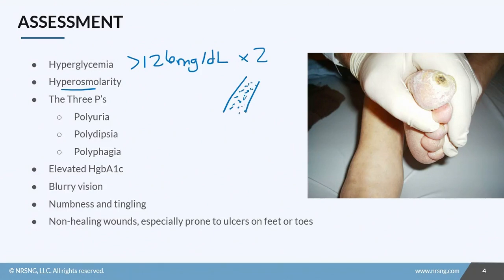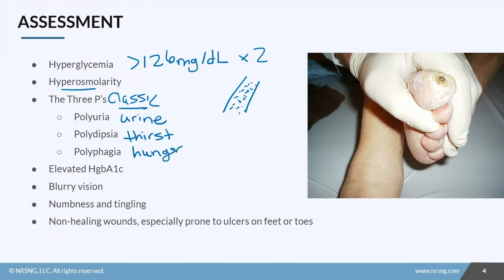Both of those things, the hyperglycemia and the hyperosmolarity, are going to cause what's known as the 3 Ps, which are the classic signs of diabetes. That's polyuria, which is excessive urination, polydipsia, which is excessive thirst, and polyphagia, which is excessive hunger.